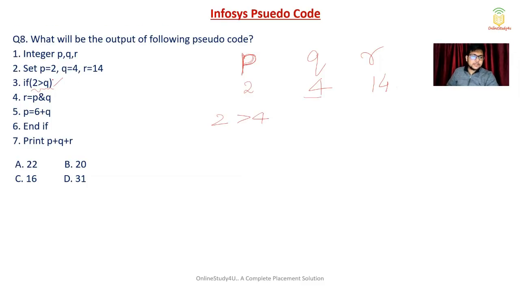No, it is not. So these two won't get executed, and we have to simply return the value of P plus Q plus R, that is 2 plus 4 plus 14. That is 14 plus 4 is 18, and 18 plus 2 is 20. So B is my correct option.